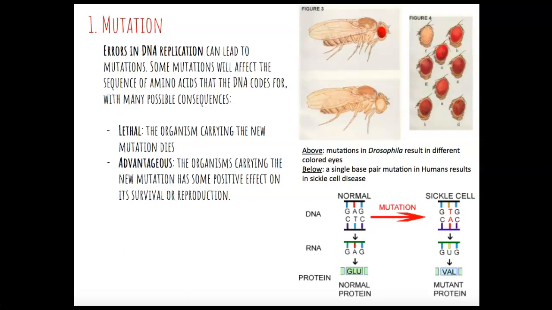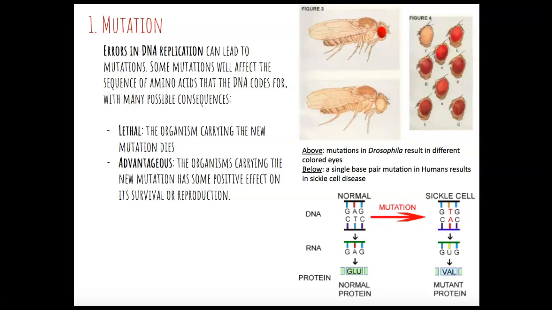Some are neutral, meaning that the mutation is neither beneficial nor harmful, and therefore it doesn't affect the individual in one way or another. They can also be advantageous, where an organism carrying the new mutation has some positive effect on its survival or reproduction.